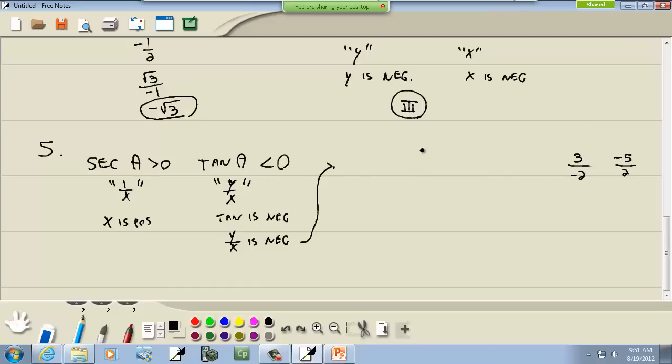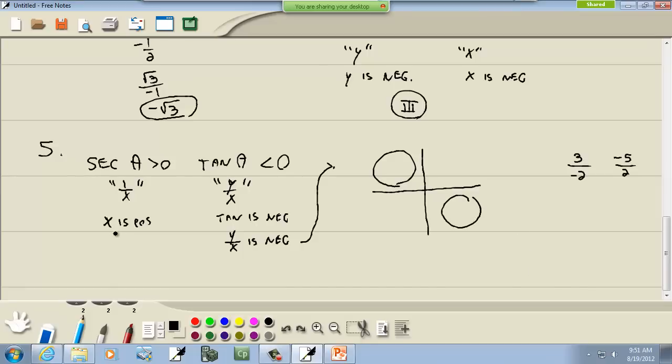Well, let's think of this. Say this is y, this is x. So here we're saying y is positive, x is negative. Y is positive, x is negative would be right here. This one, we're saying y is negative and x is positive. Y is negative, x is positive would be right here.